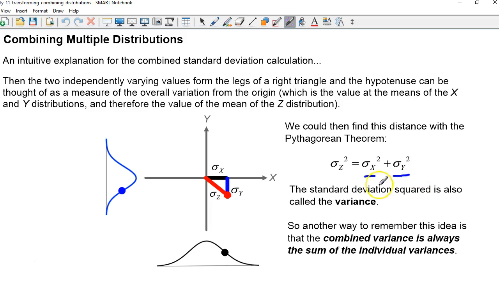So if x is providing random variation and y is providing random variation, then regardless of whether I'm adding or subtracting x and y to make the z, the combined variation is always the sum of the individual variance of the sources. Okay?